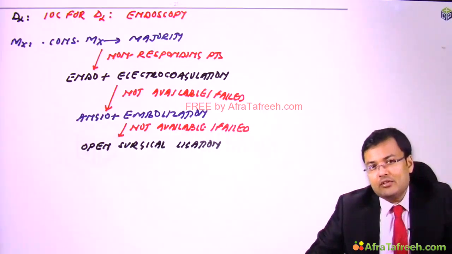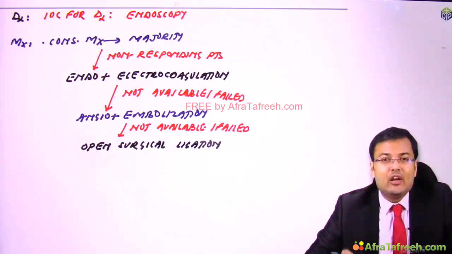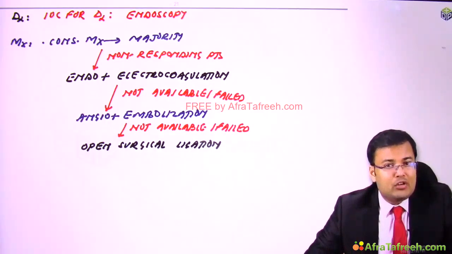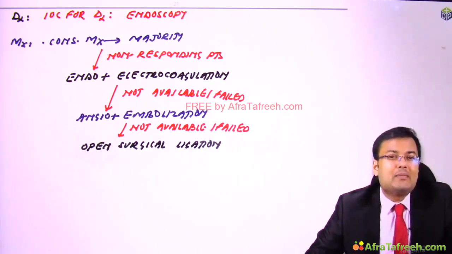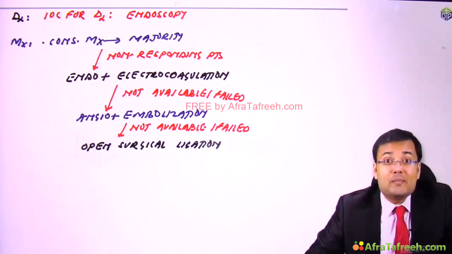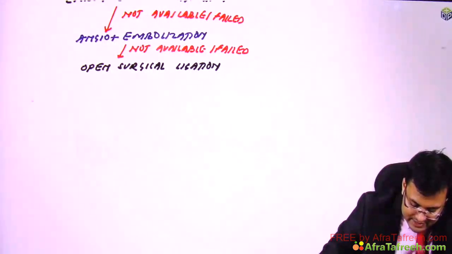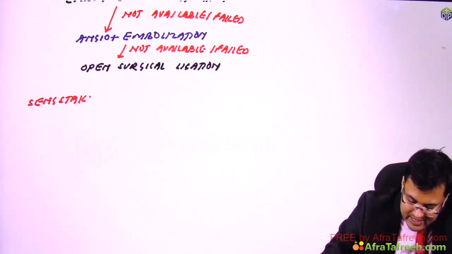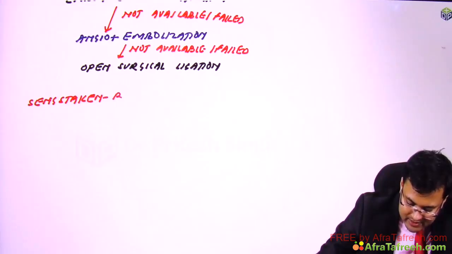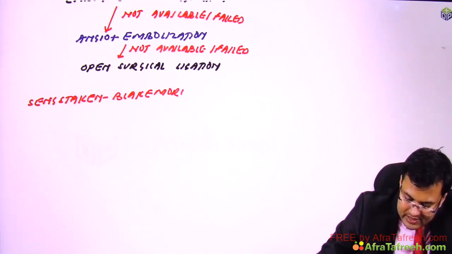In Mallory-Weiss syndrome, it's arterial. Second, more pressure is required to control the bleeding, and the more you inflate the balloon, what will happen? The partial tear will be converted into a complete tear. So here, the Sengstaken-Blakemore tube is contraindicated.